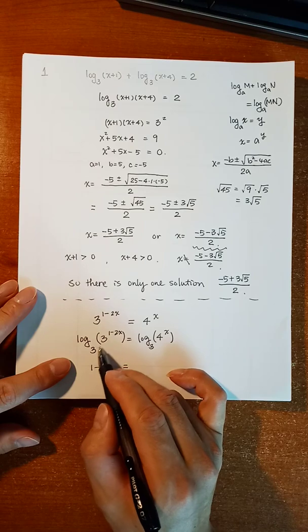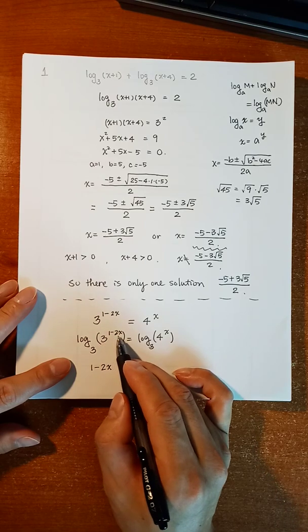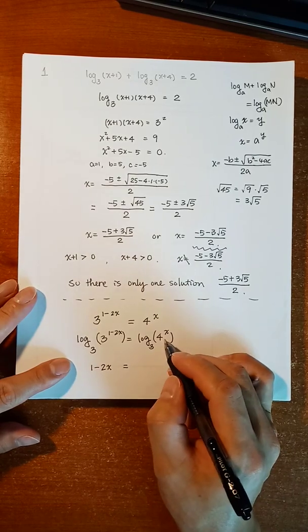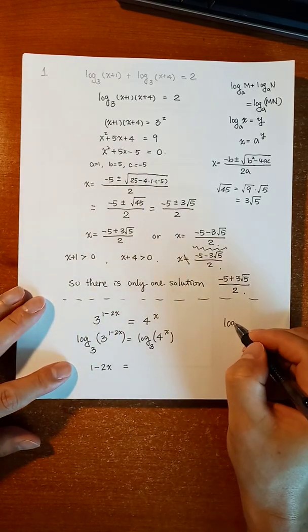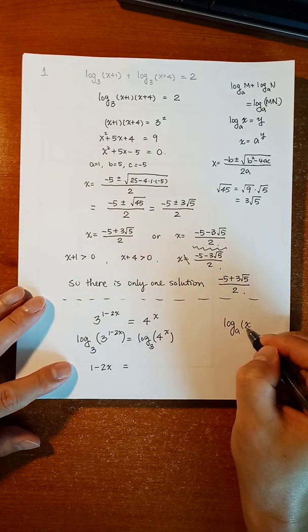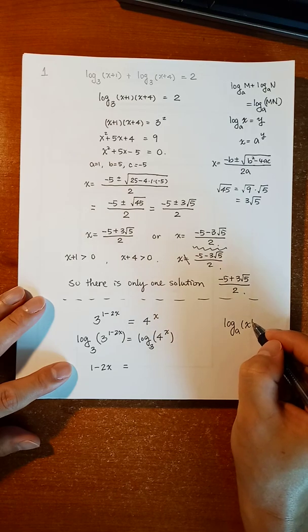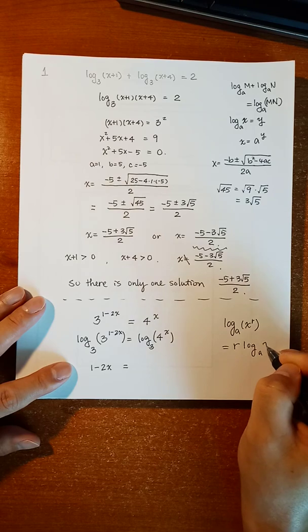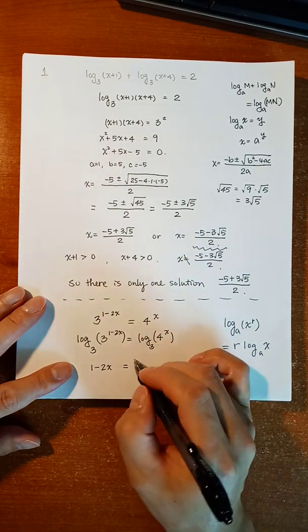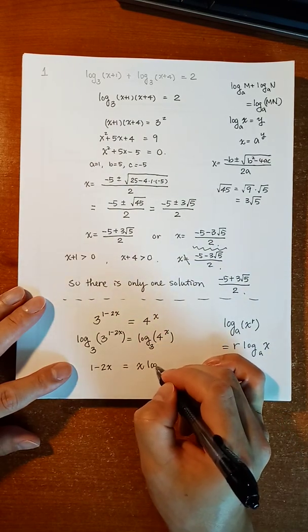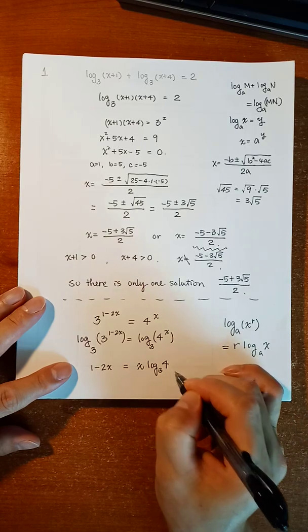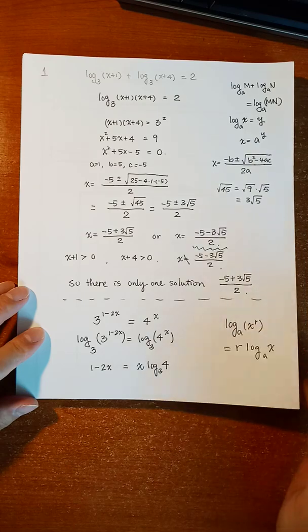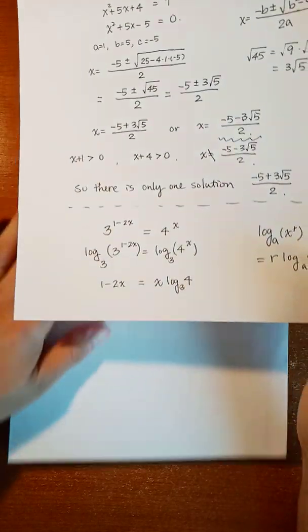If you have the same base, then they cancel, you directly get 1 minus 2x. And the right side, log a of x to the r is equal to r log a of x. So you're going to move x forward.